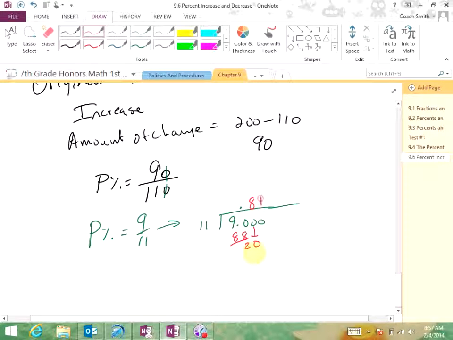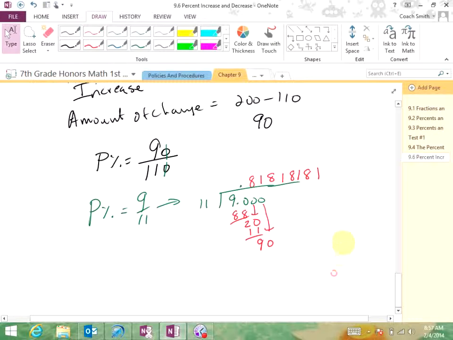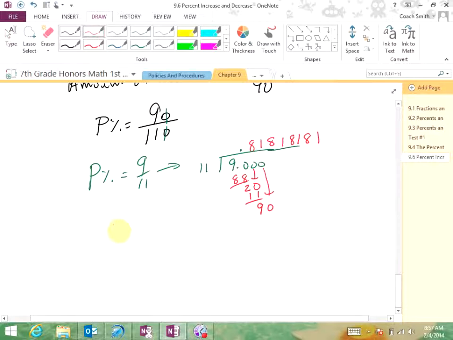That would be 1 time, that's 11. Remainder 9, bring down my 0. That would be 8. 1, 8, 1, 8, 1. So it obviously repeats. So I have P% is equal to 0.8181... And there's your dots, because we only have to carry it out 4 spots.